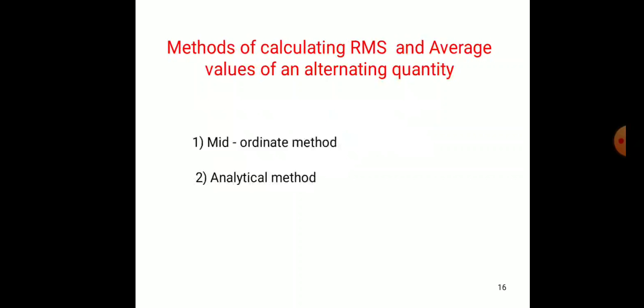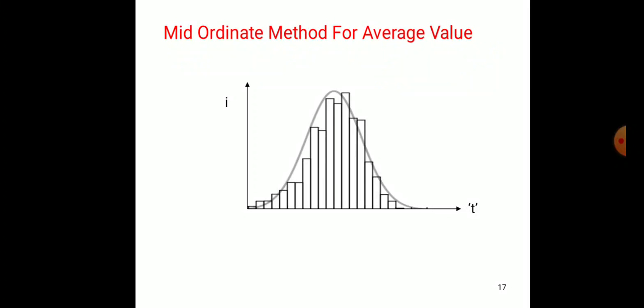These two values can be measured using two methods, the mid-ordinate method and the analytical method. We need to know how to calculate the average value and how to calculate the RMS value. First, consider the mid-ordinate method for the average value.